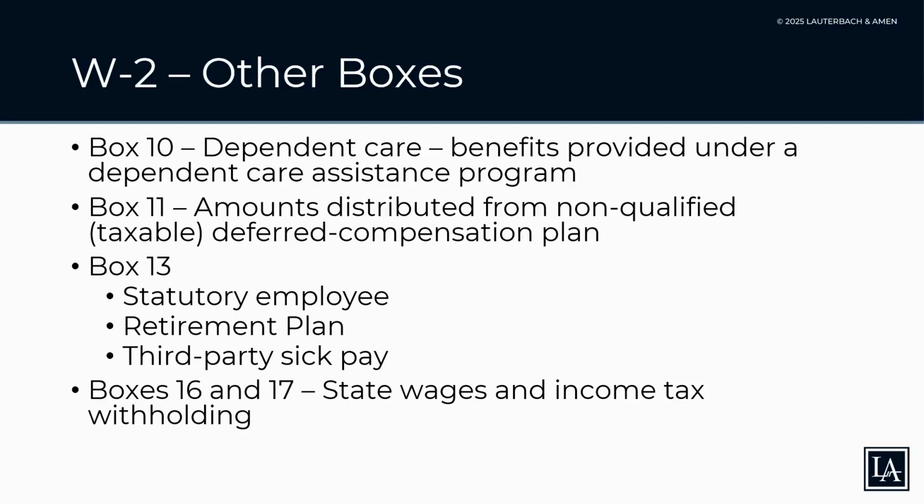So some unique employee setups there. Retirement plans, we put IMRF information within box 13 under that retirement plan. And then third-party sick pay payments you would report within box 13. And then 16 and 17 have the state wages and taxes listed there.